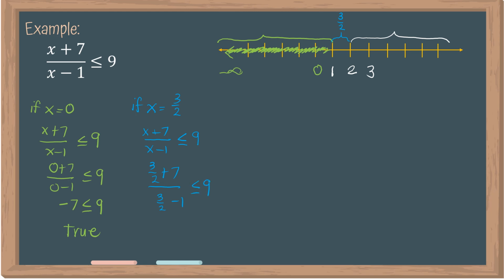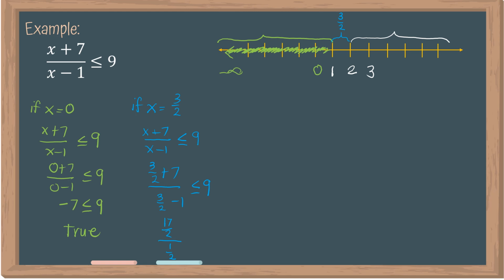Upon solving, 3/2 + 7 will give us 17/2. And then, in the denominator, we will have 1/2.